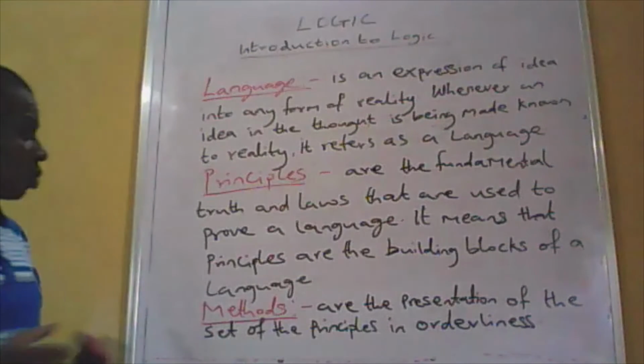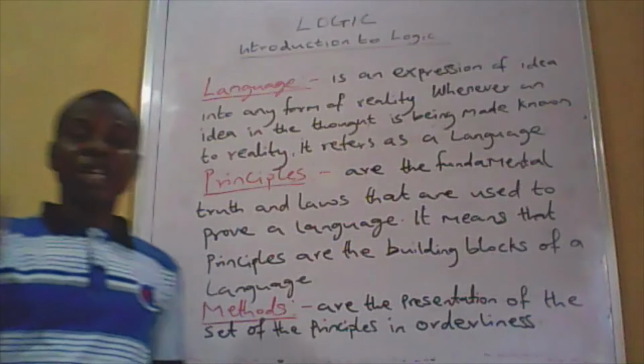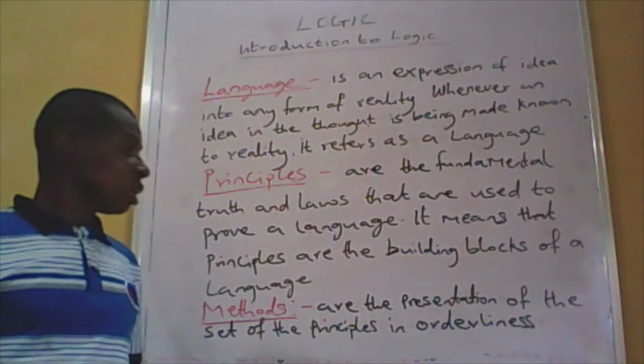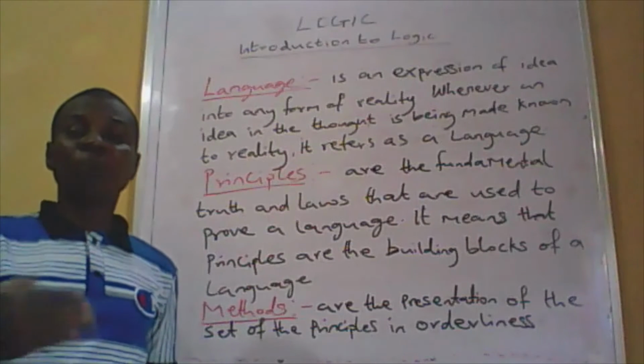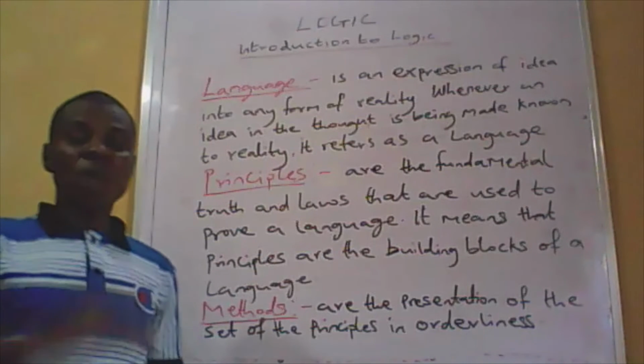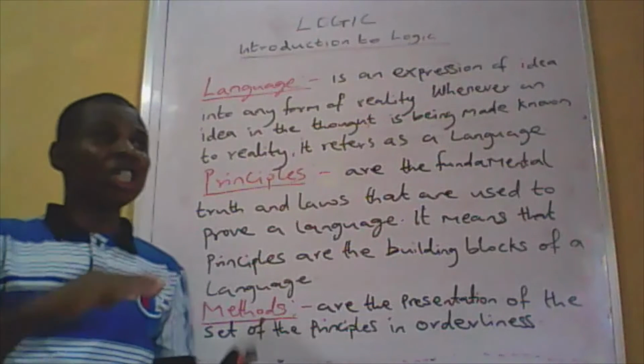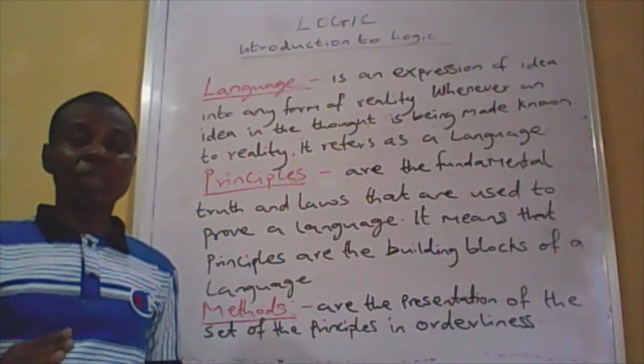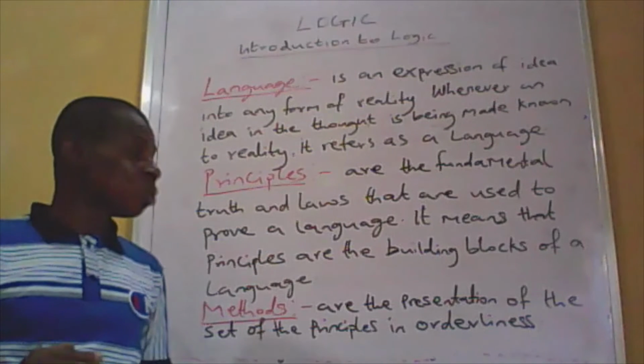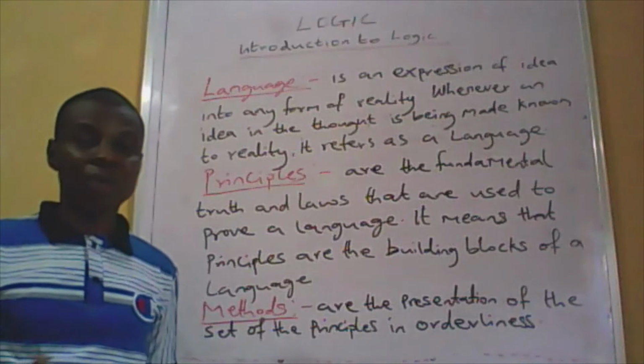That means the basic truths that are used to build a language, when you set them into an orderly manner so that it can construct a good argument, is called method.